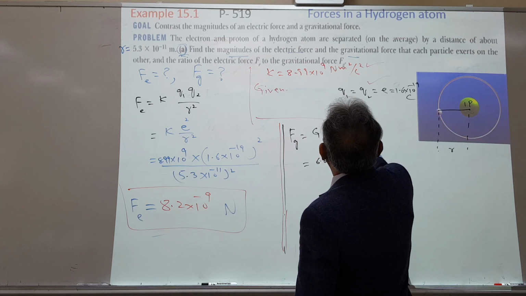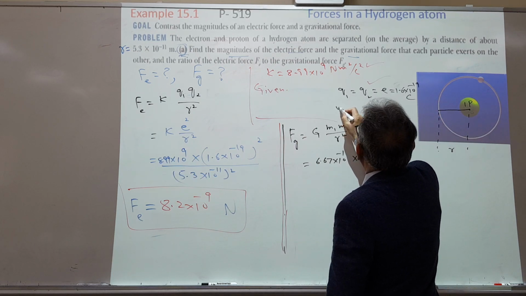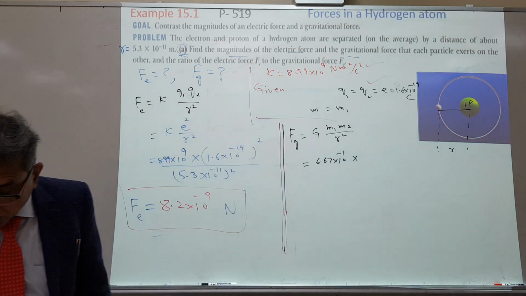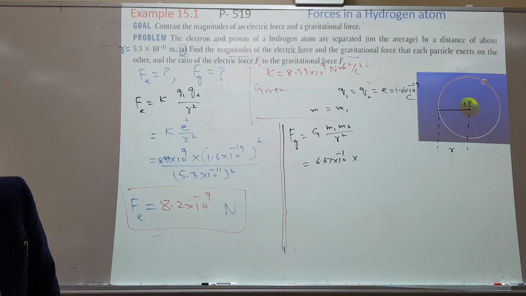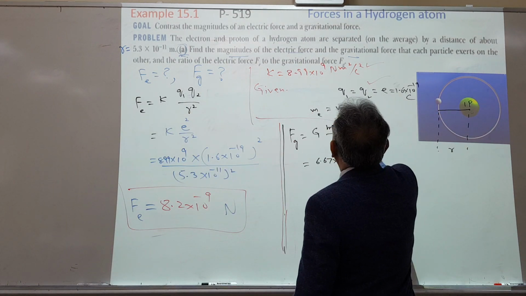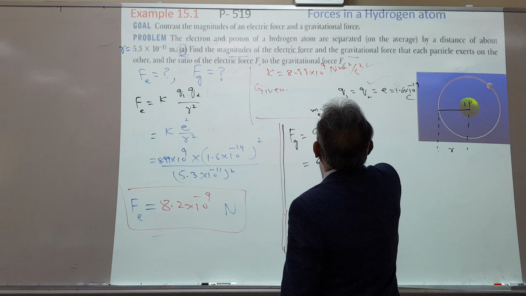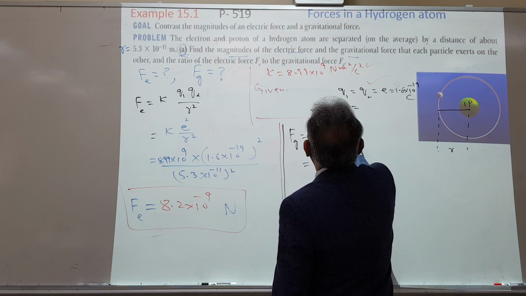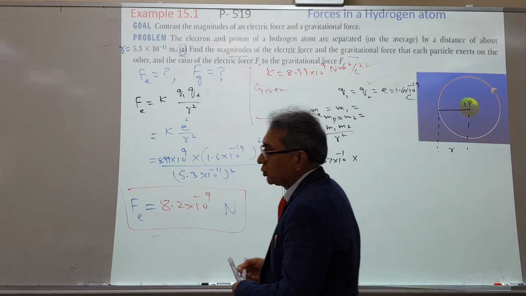M1, which is the mass of the electron, and M2, which is the mass of the proton, are also given.